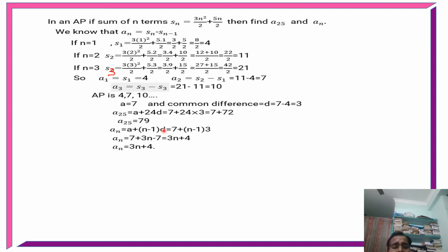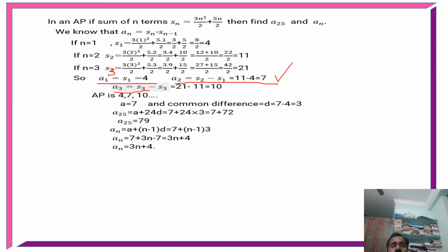Means we know S1, S2, S3. To find A1, A1 is nothing but S1. Always in any AP, A1 and S1 are equal. But to find A2, we subtract S1 from S2: S2 is 11 minus S1 is 4, 11 minus 4 is 7. This is the second term. How to find the third term?